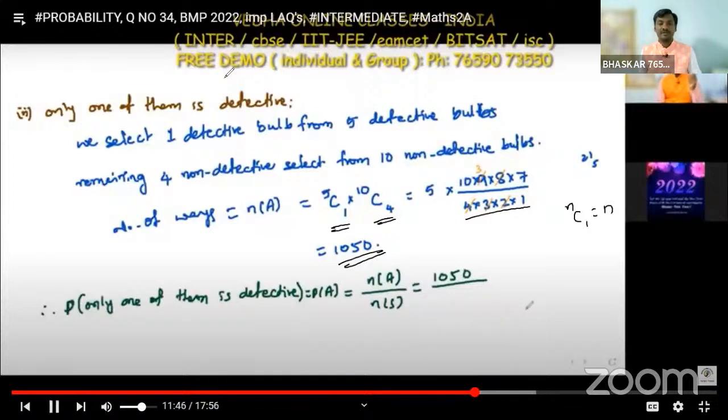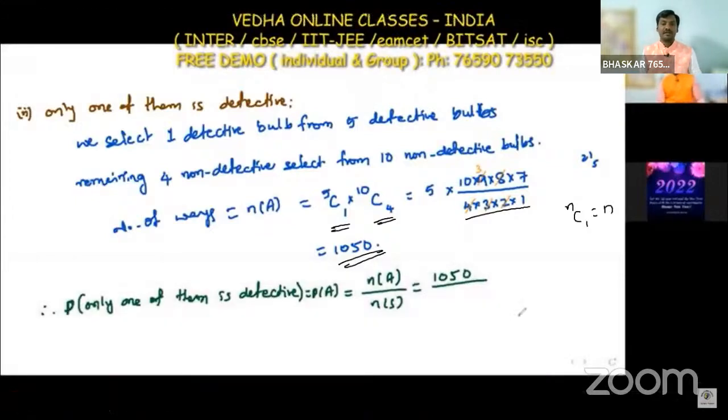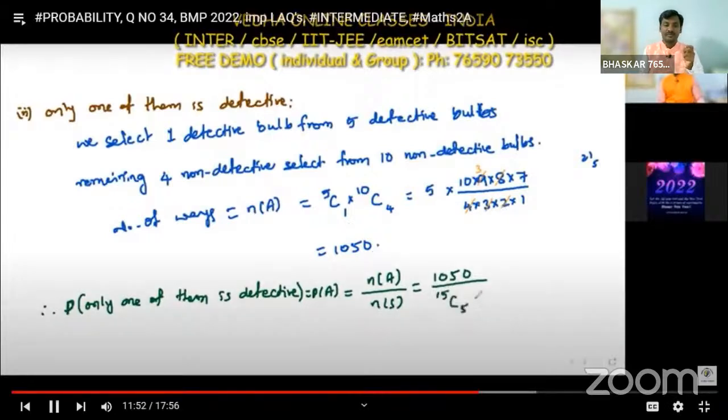Now, what is N of S? Out of 15 bulbs, we are selecting 5. So the probability that exactly one of them is defective, Probability of A, is equal to N of A, the favorable events to A, divided by the total number of events.